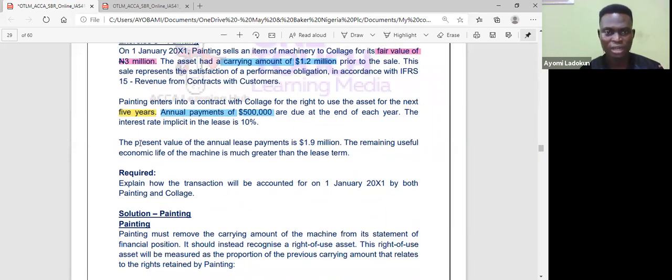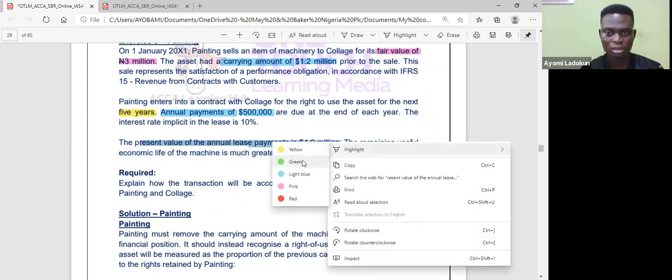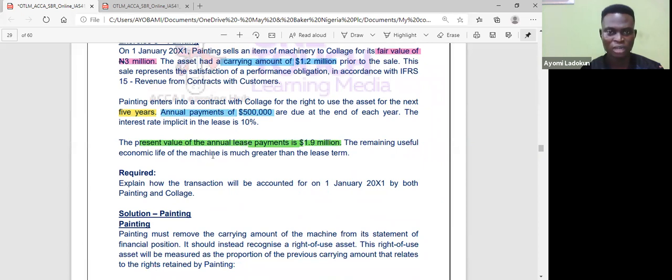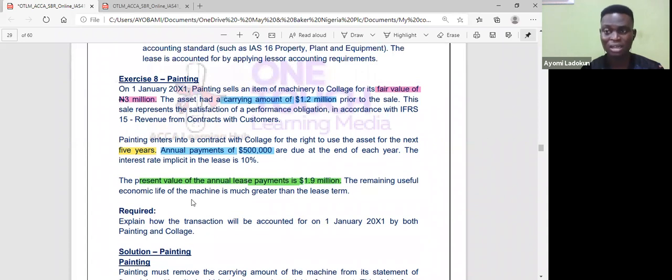The present value of the annual lease payment is 1.9 million. The remaining useful life of the machine is much greater than the lease term. That's fine. So now, explain how the transaction will be accounted for on 1st January 2021 by both Painting and Cottage. That's the seller-lessee and the buyer-lessor.